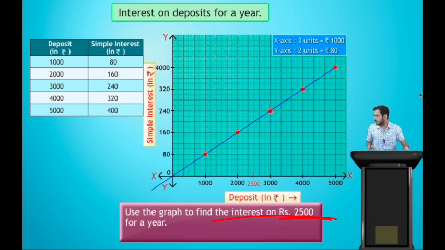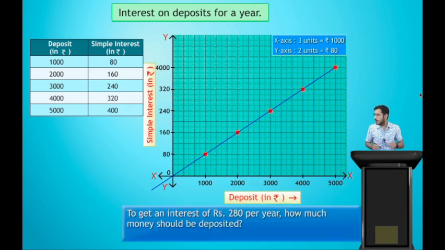So where is 2500 on the x-axis? It's between 2000 and 3000. Draw a line like this, and it meets between 160 and 240, that is 200. So the interest on rupees 2500 for a year is rupees 200. Now, to get an interest of rupees 280 per year, how much money should be deposited?